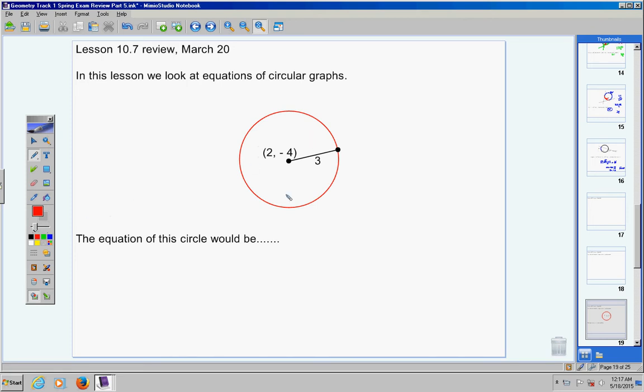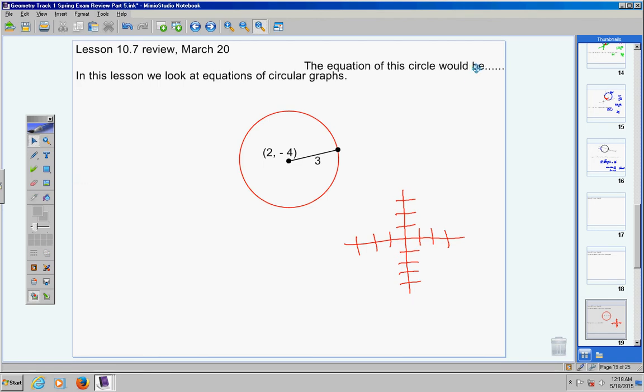Now, when I say the circle is 2, -4, what I'm saying is this. You don't have to draw all of this stuff that I'm putting on here. What I'm trying to show you is simply this.